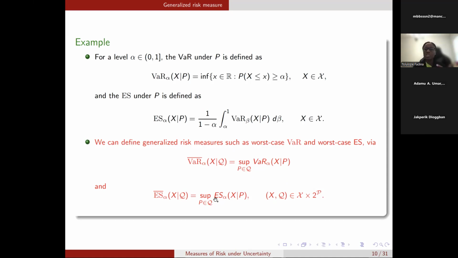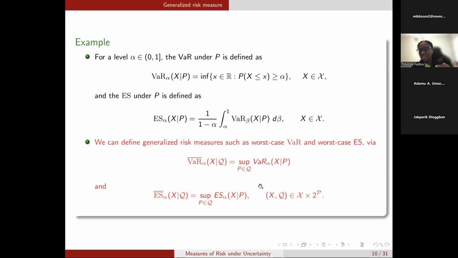And the natural question here would be, in the literature we already have worst case value at risk and worst case expected shortfall. How is this different from what we have in the literature? One answer is the following. In the literature, model uncertainty is introduced into the framework as an exogenous object. It's not included in the modeling of calculating the value at risk or expected shortfall.